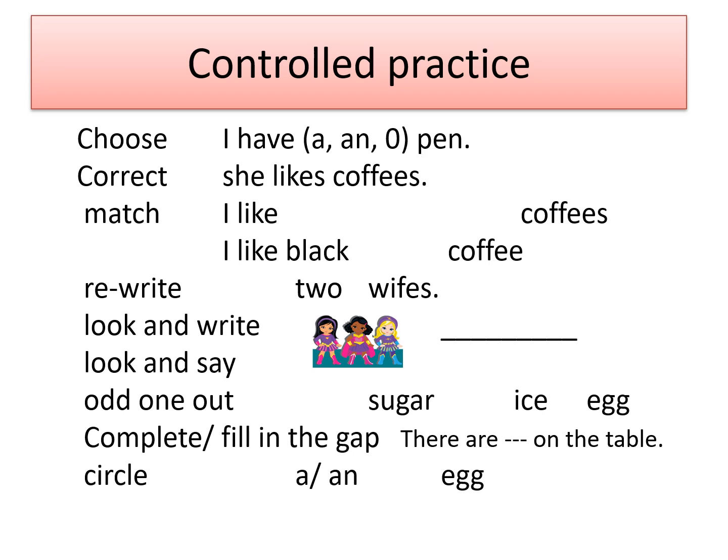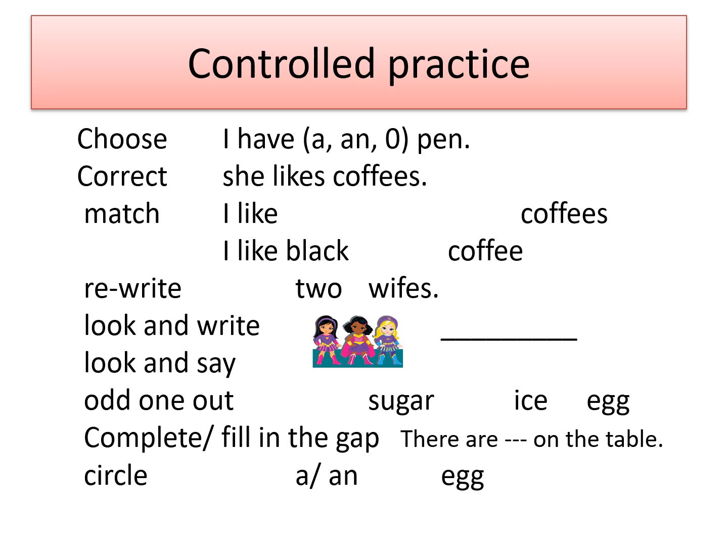Then after that, the teacher should elicit students' answers and give feedback. Choose: I have a, an, or no article pen. So the right answer is a pen. Correct: she likes cafes. The correct answer, she likes coffee.